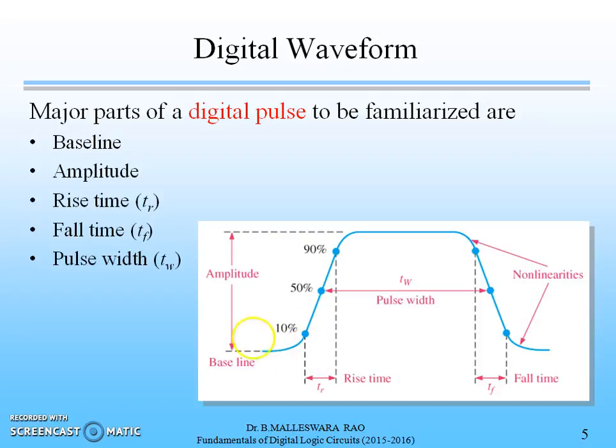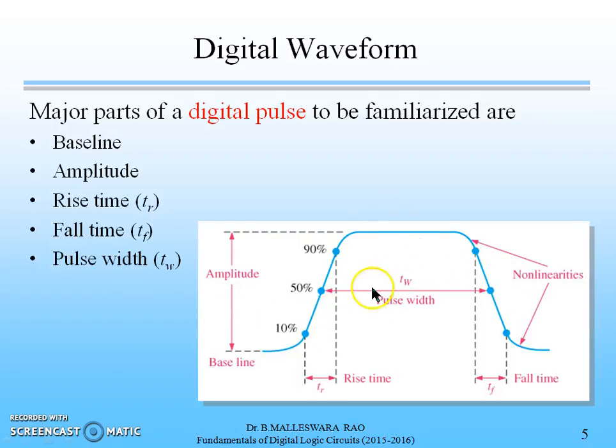Rise time is the duration of time for which the signal amplitude rises from 10% to 90%. Similarly, the fall time is the time duration for which the amplitude reduces from 90% to 10%.